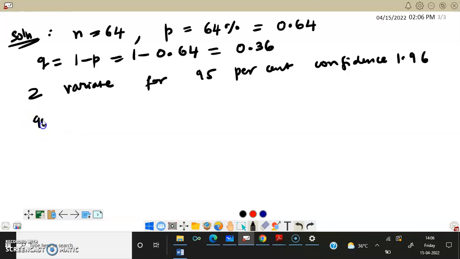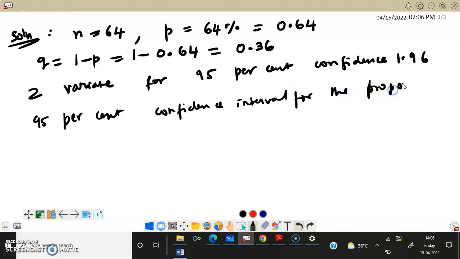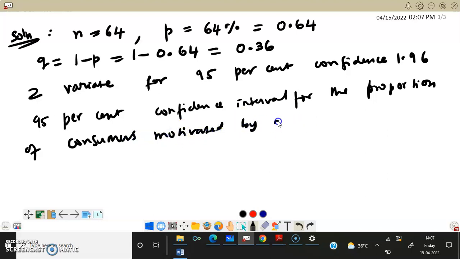So thus, we should write 95% confidence interval for the proportion of consumers motivated by advertising in the population is.